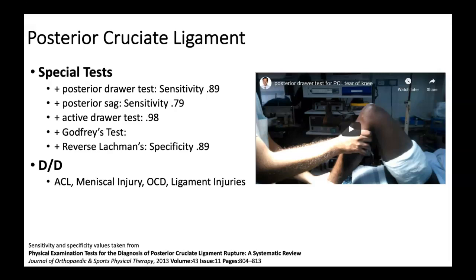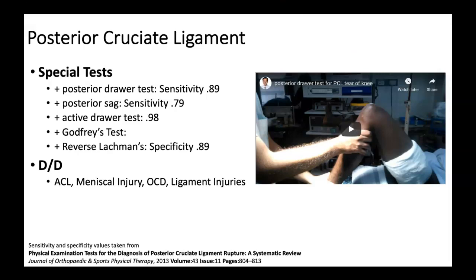Now, if that test is positive, right, then we have to move into our highly specific test to help us rule those in. And the test that we have that's highly specific for a PCL injury is the reverse Lachman's test, right? And if it's positive, then we're 89% certain that they actually have the injury itself, okay?